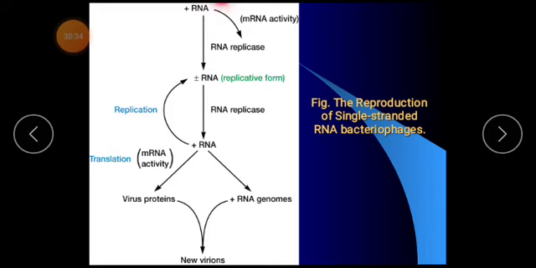We start with the RNA plus acting as messenger RNA. Then RNA replicase acts. They replicate in the presence of RNA replicase and form plus and negative RNA. These are the replicative form. Then these replicate also to form the main RNA plus.